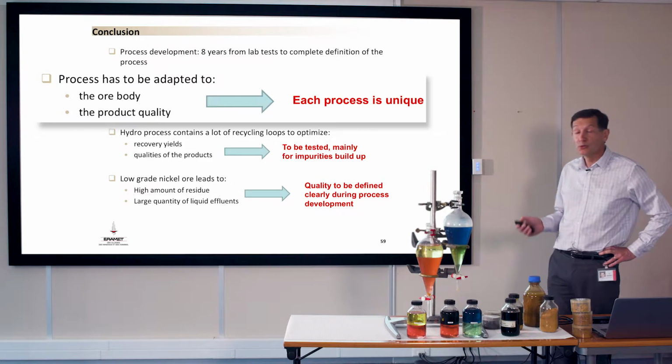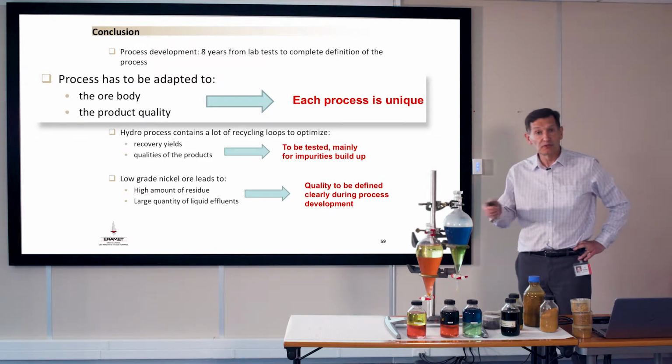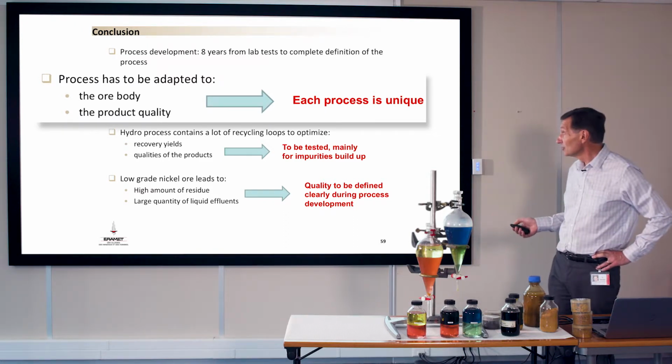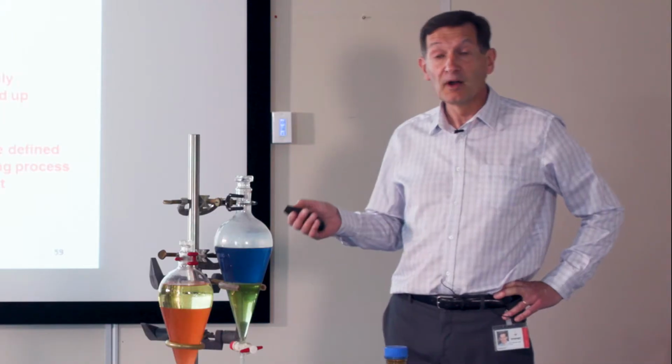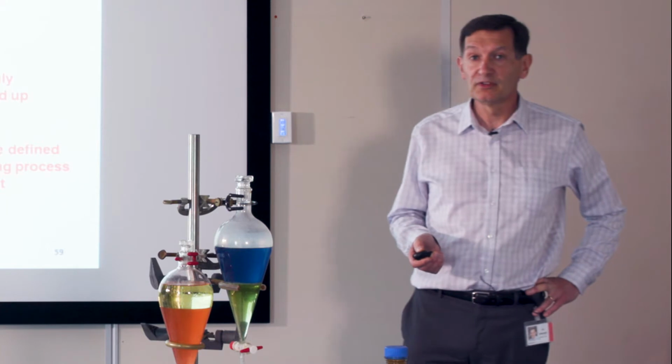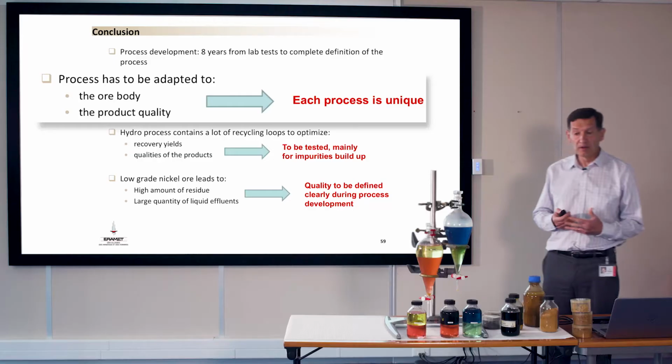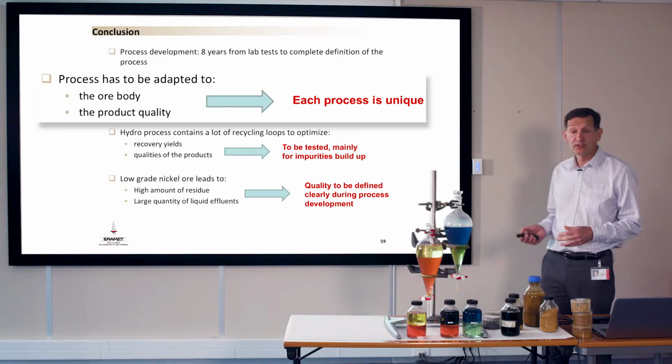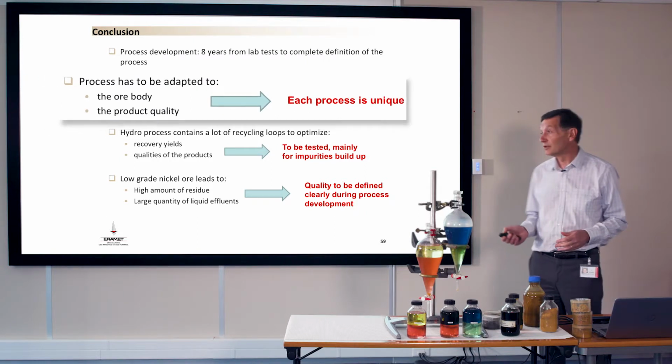And the conclusion, and you saw that with the different flow sheet, is that each process is unique. There are about 20 plants using such processes in the world, and on these plants there are differences, and all these plants are unique.